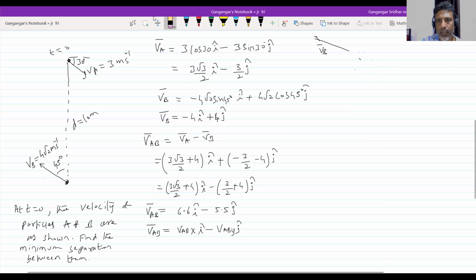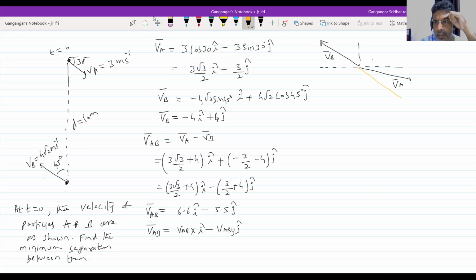My eraser is not responding properly. Okay, let's come for this one. This is the horizontal line. I'll draw it. This is VB. This VA bar. Minus VB bar, how should it come? Minus VB bar should be opposite to this one, no?